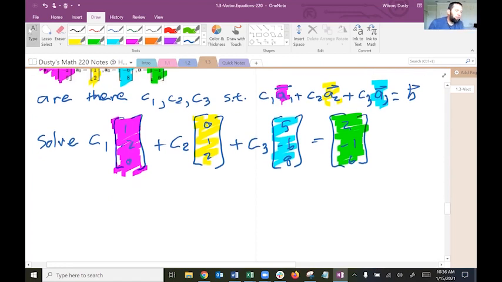So now we should be able to combine all this into a single vector on the left.